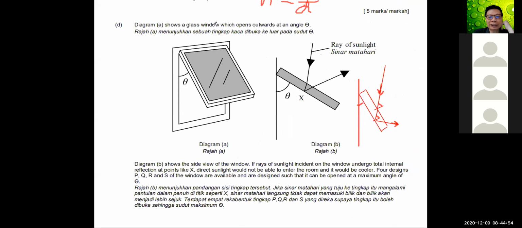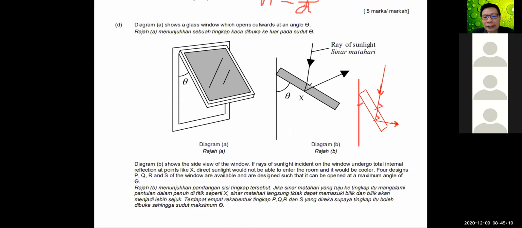The diagram shows a glass window used to block the sunlight, which opens outwards at angle theta. This angle is theta, you know. What is the purpose of this window? This window is reflecting the light, preventing the light from going into the house.